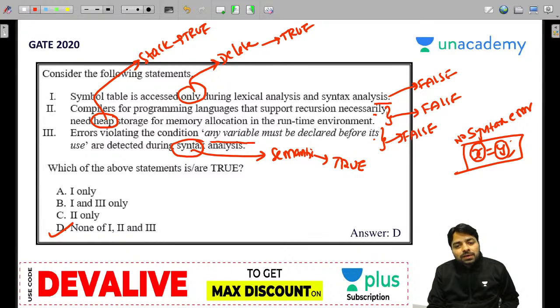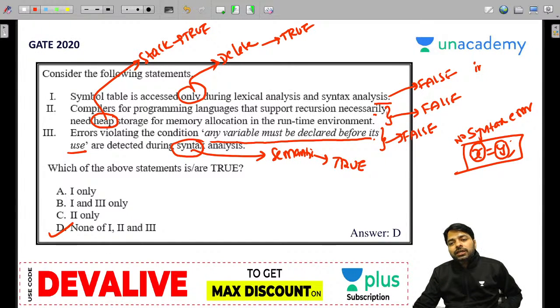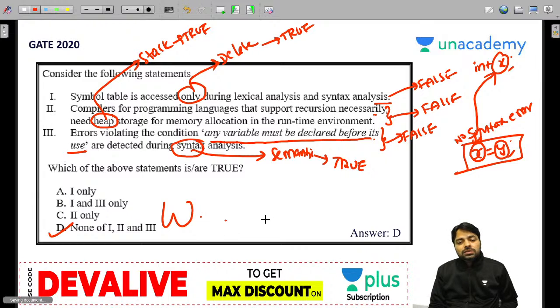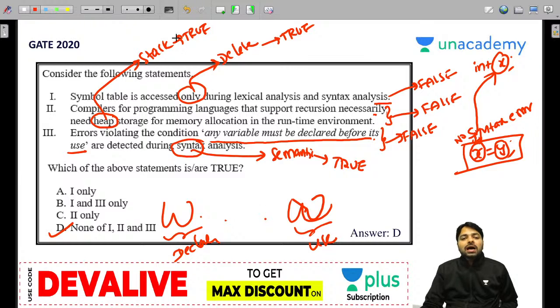Any variable must be declared before its use is only detected during semantic analysis because there is a connection between the two statements with the help of a context sensitive problem. Are you clear? That is the W somewhere and W in another place. This W is the declaration and this W is the use.